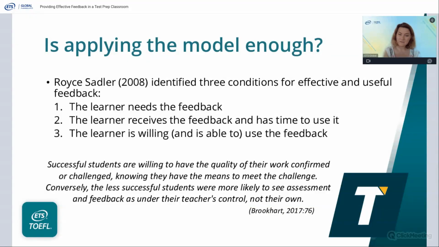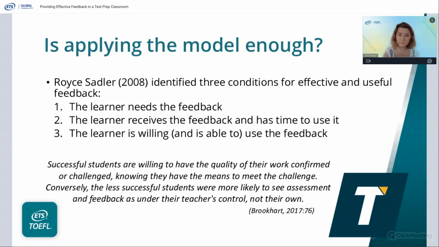And I really like this quote from Brookhart that you can see on the slides that describes successful students. So it's not only on our side, it also depends on the attitude of students. And she says, successful students are willing to have the quality of their work confirmed or challenged, knowing they have the means to meet the challenge.